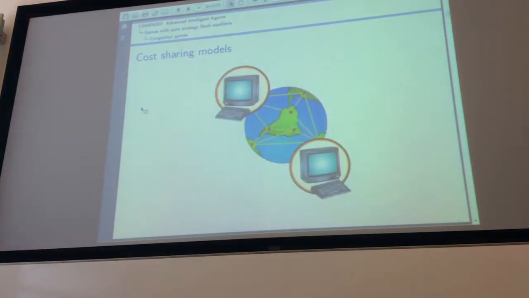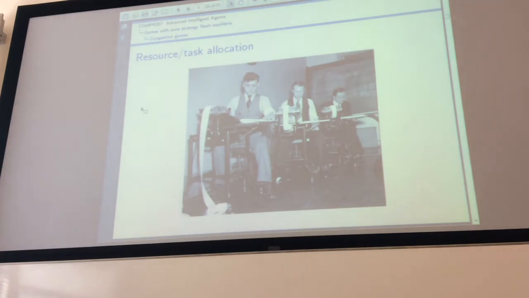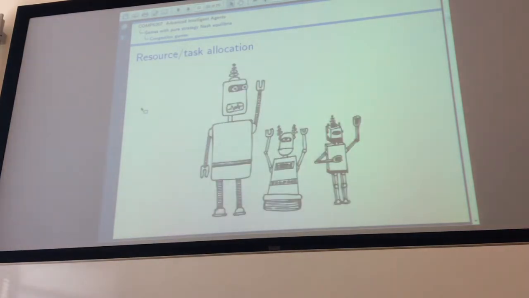Then there are cost-sharing models. You can look at two servers, where we want to connect between two servers. We need to build a link, and then everyone who actually is going to use that link, we can share this cost with. Another situation, we may have some agents, either people or robots, that have to complete a given set of tasks, and we can allocate the agents to the tasks so that we have several agents sharing the same task, and then the time by which we complete the task would depend on how many agents we have allocated there.